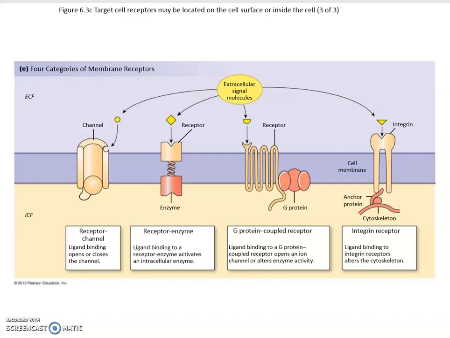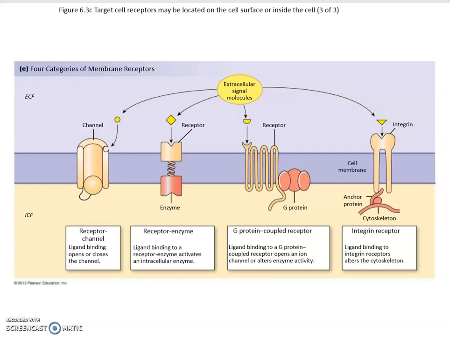So what you see here, number 1 option would be that the signaling molecule, the hormone or messenger, binds to a receptor that is an ion channel. And in response to the binding of this signaling molecule, the ion channel then opens or closes, depending on the situation. So very direct kind of mechanism.